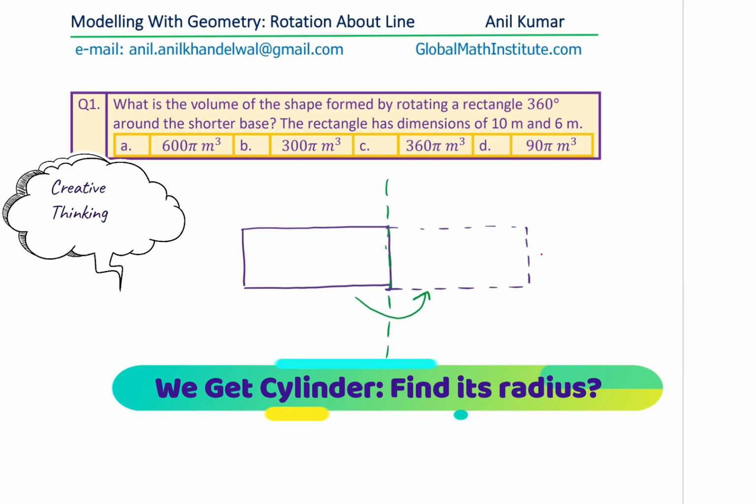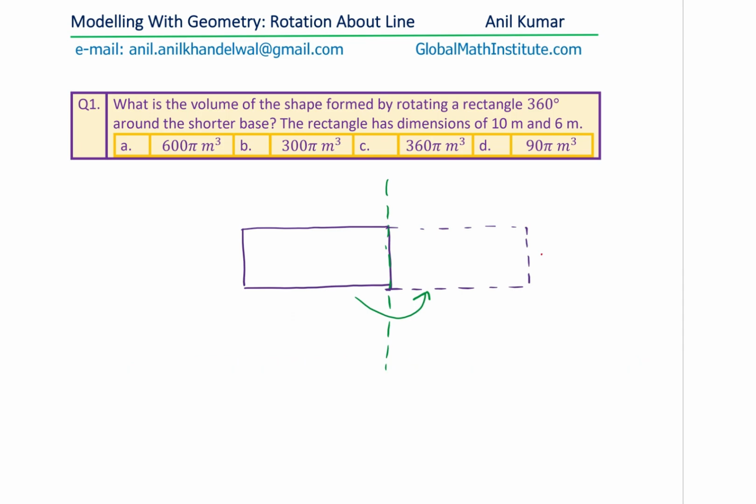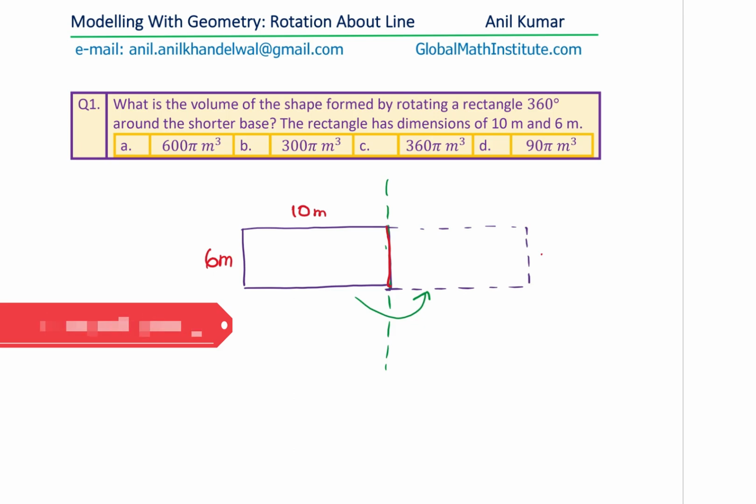Many times it becomes difficult to visualize it. Now we can write down the dimensions and get the result. Once the visual is clear to you, it is simpler for us to answer. So we were given a rectangle whose dimensions were 10 meters and 6 meters. When you rotate it about a side, think that this side is fixed and then the whole thing rotates in 3D.